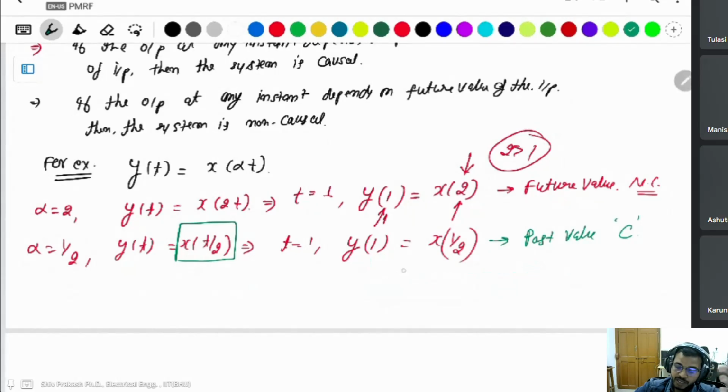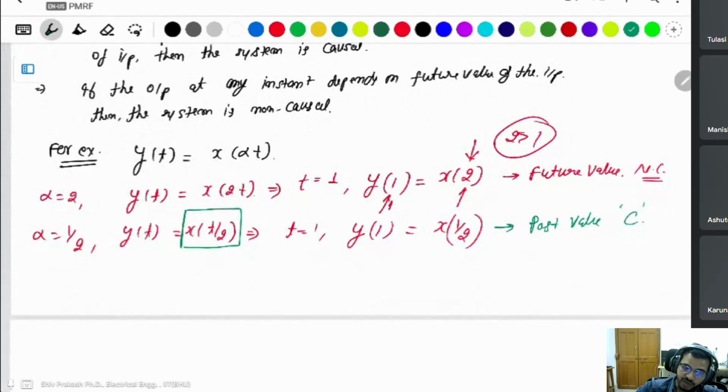But suppose in the same system I put t is equal to -1.